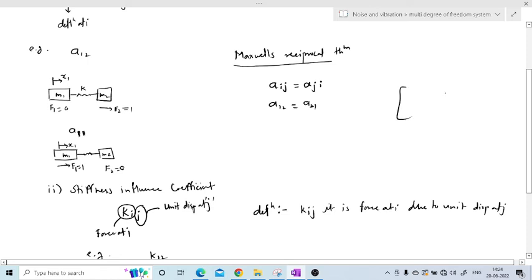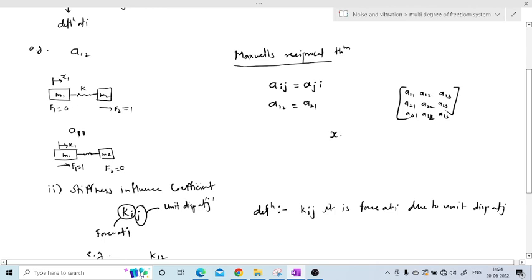Then the influence coefficients are A11, A12, A13, A21, A22, A23, A31, A32, A33, which form the matrix of influence coefficients.